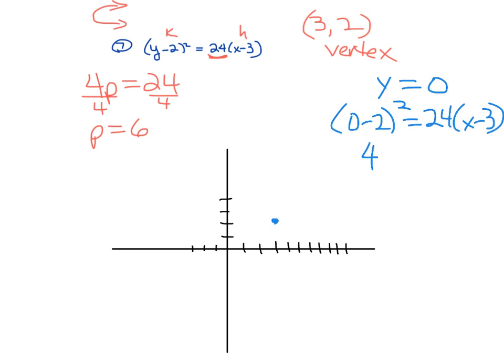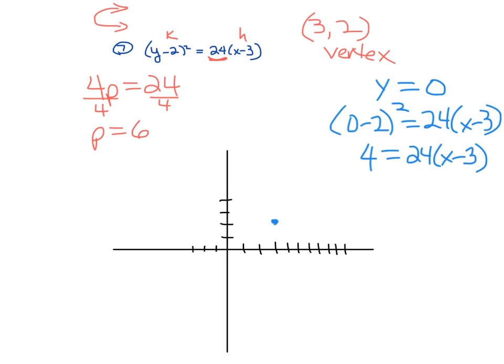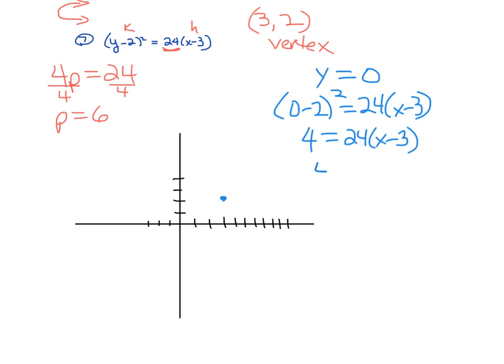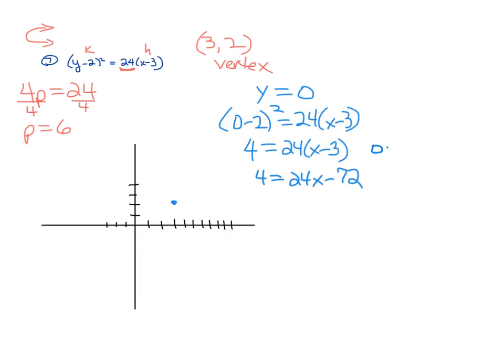So I get 4 equals 24 times (x minus 3). Now at this point I can either distribute or I can divide both sides by 24. I'll just go ahead and distribute the 24. Either way, whatever you prefer. Your other option would be to divide both sides by 24, and then you would get 1/6 equals x minus 3 and solve that.